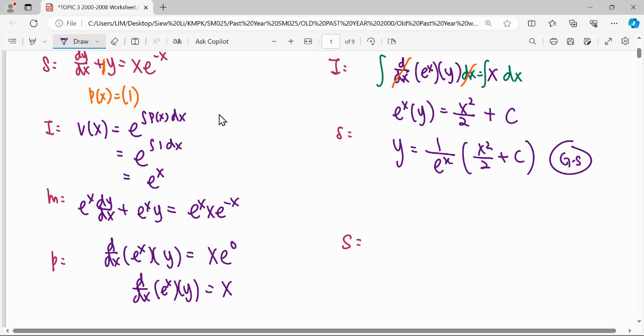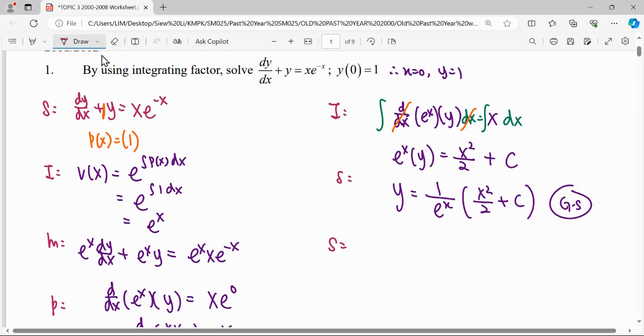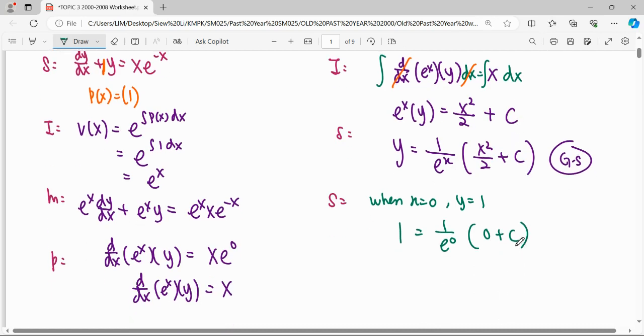Then to continue to the particular solution, we are given the value here, where we substitute x equals 0, y equals 1, so that we can find out the constant c there.